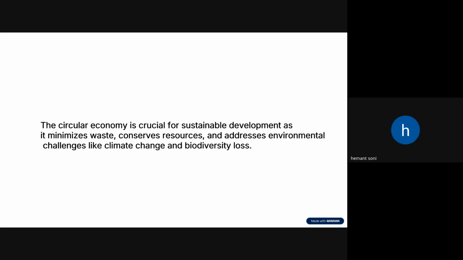For example, when you do international travel, they show that the emission out of the aircraft is equivalent to so many tons of air pollutant released in the air, equivalent to such a large amount of carbon dioxide. So basically, the circular economy tries to address those issues.